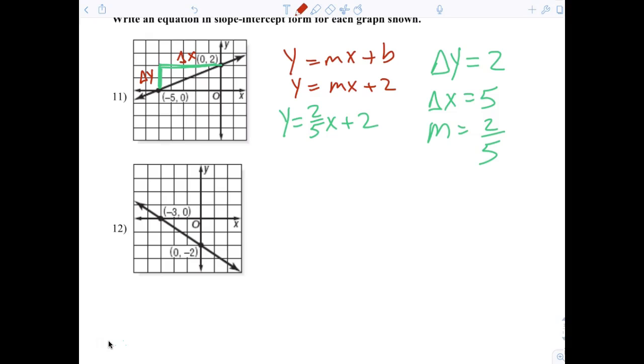Good. Did you do anything with the -5? No, I used that as a point to get from -5, 0 to 0, 2. And some of my kids said, well, can I just write the 2 points and figure out what the slope is? Could you do that? Yes, because that's actually what I'm doing. All right, Caroline, good.